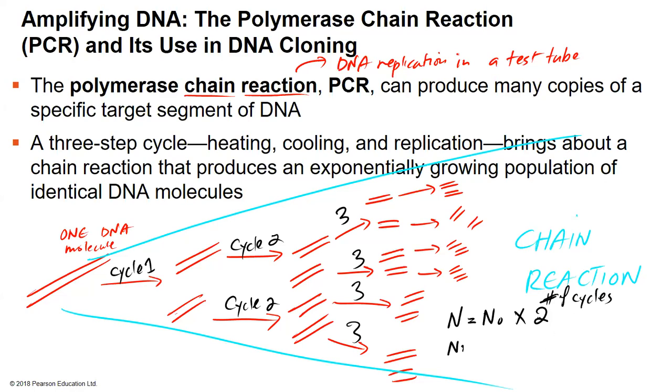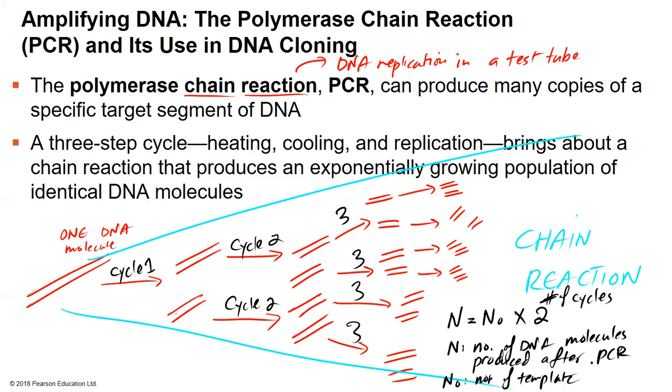Here N is the number of DNA molecules produced after PCR, and N naught is the number of template DNA molecules.